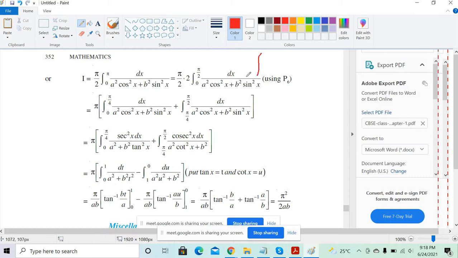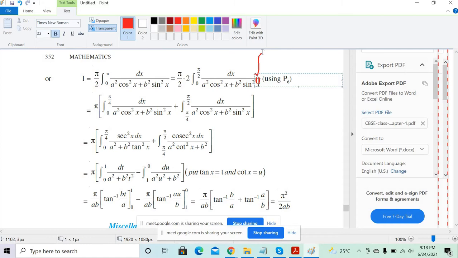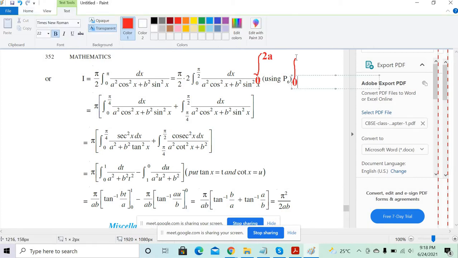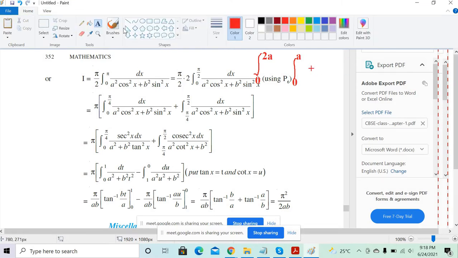If the integration is there, you have 0 to 2a. Then you go to integration 0 to a, and then plus a to 2a, isn't it?